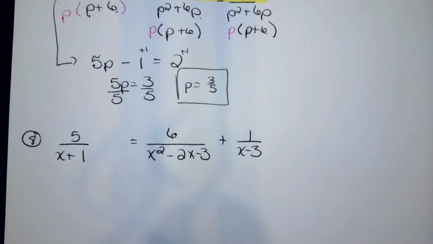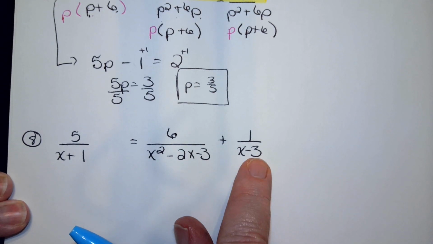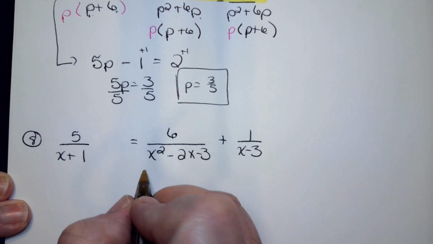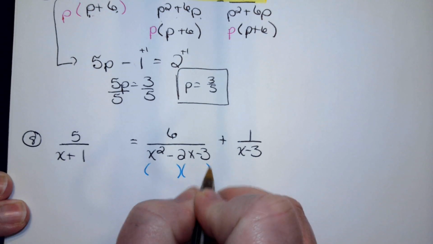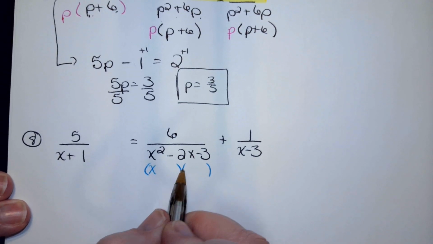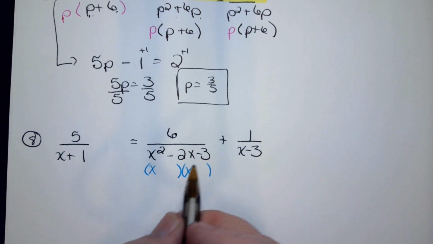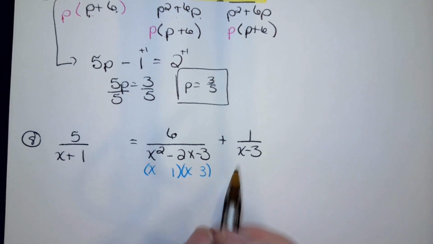All right, so step 1 says factor your denominator. I can't factor it here because it's already in simplest form. This one's in simplest form, but I do need to factor this one. So let's come right here. Fortunately, there's no leading coefficient, so we know x squared came from x and x. And the constant of 3 only has one set of factors, and that's a 1 and a 3.